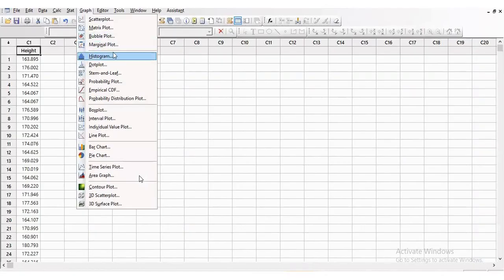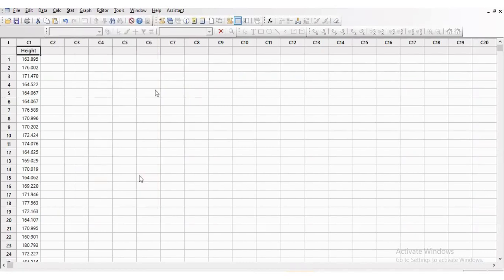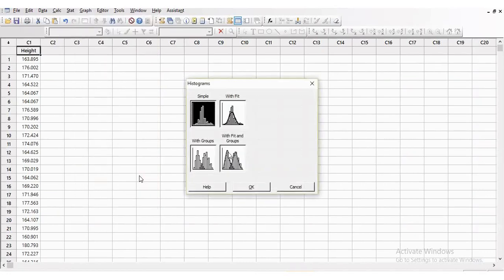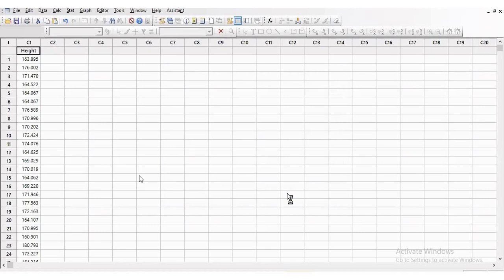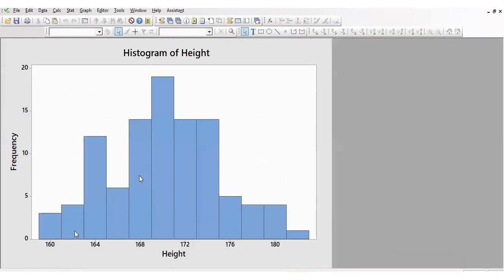Where is it? This one? Perfect, guys? Okay. Am I going to get the same number of bars? 1, 2, 3, 4, 5, 6, 7, 8, 9, 10, 11, 12.